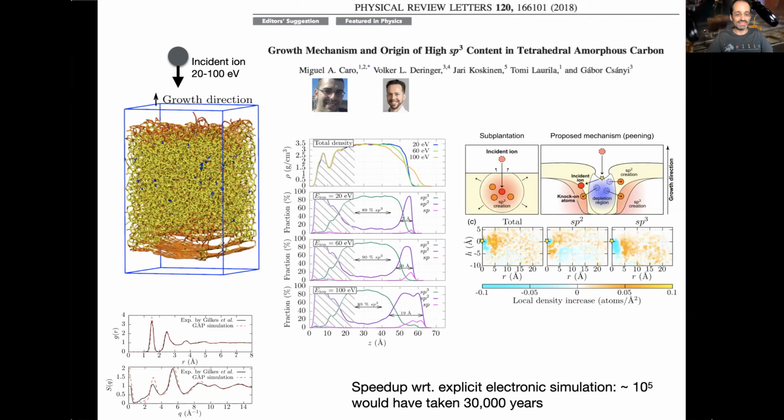It has the wrong density and the wrong tetrahedral, the sp3 fraction. What experiment shows is that if you optimize the incident ion energy, most of the atoms are tetrahedrally coordinated, fourfold coordinated. And in the empirical simulations, that really just didn't come out.